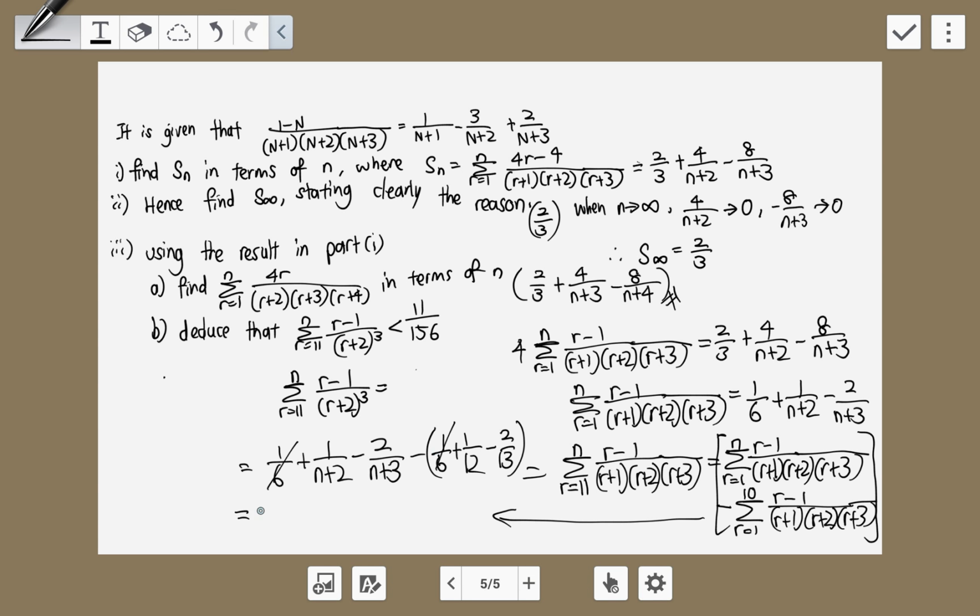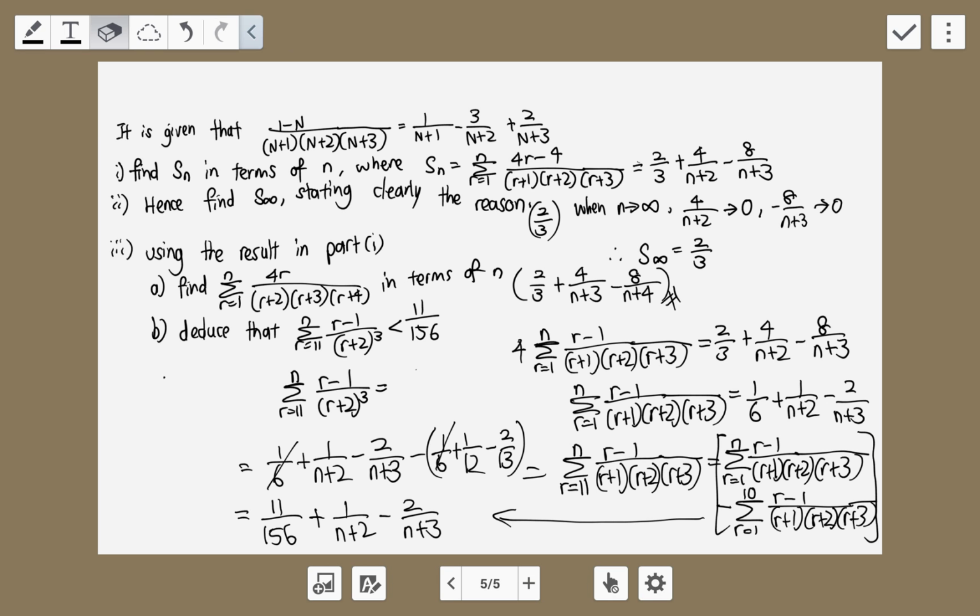You get me to 11 over 156 plus 1 over n plus 2 minus 2 over n plus 3. So when I see this 11 over 156, I know that I'm quite close to what I want to achieve. So let's leave this here for a moment.